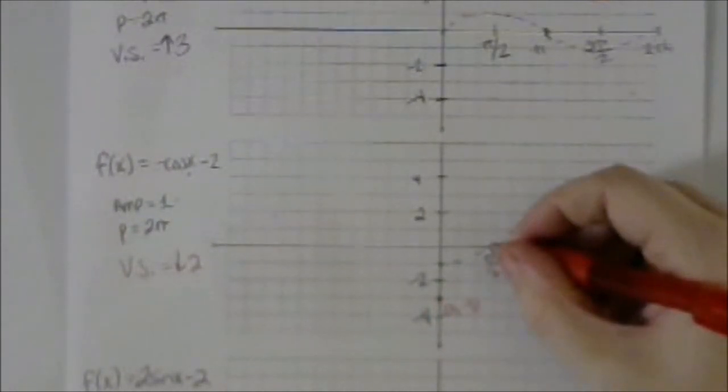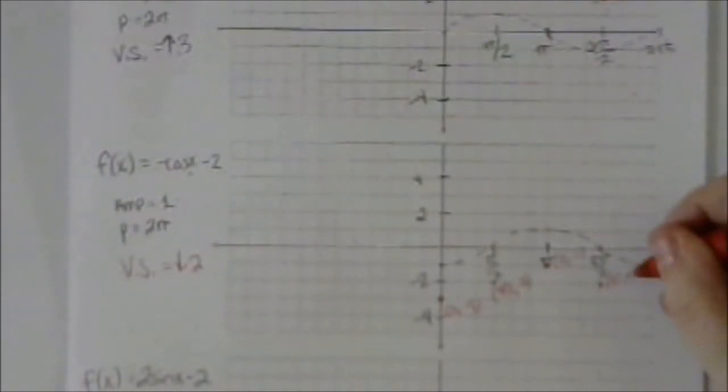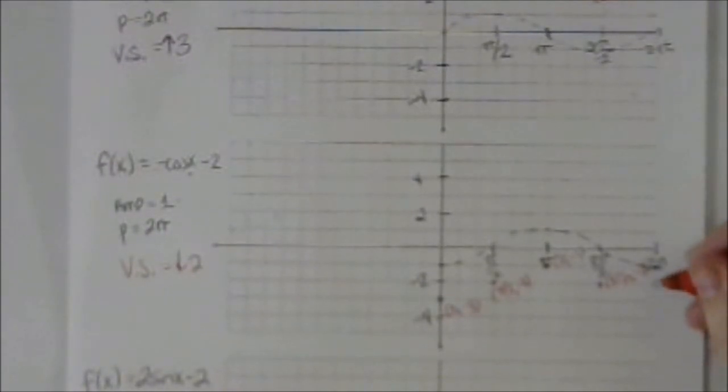(Pi halves, 0) becomes (pi halves, -2). (Pi, 1) becomes (pi, -1). (3 pi halves, 0) becomes (3 pi halves, -2). And (2 pi, -1) becomes (2 pi, -3).